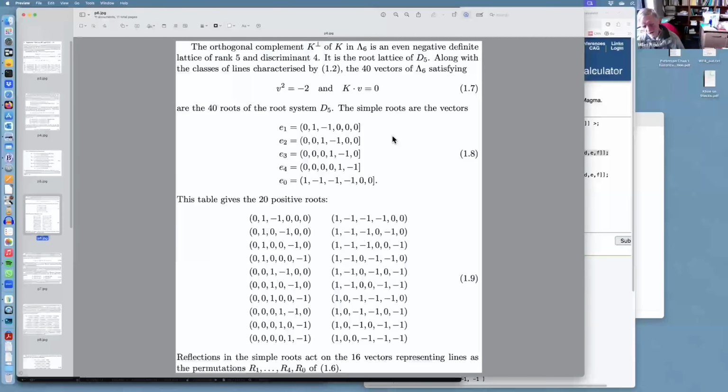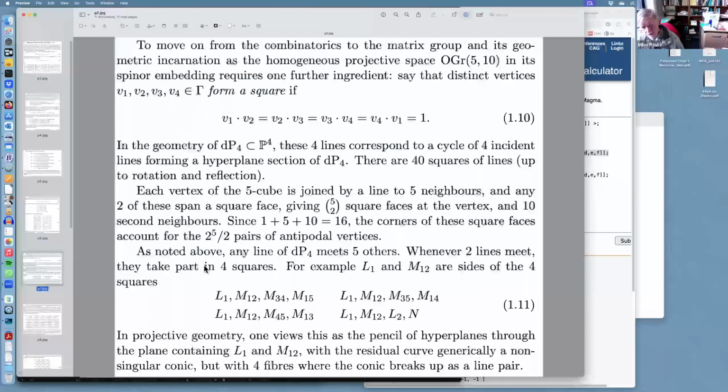Yes. So the reflections in the simple roots here, these are reflections of this 5-dimensional lattice, but they also act on the ambient Lorentz space, and so they permute those vectors around.